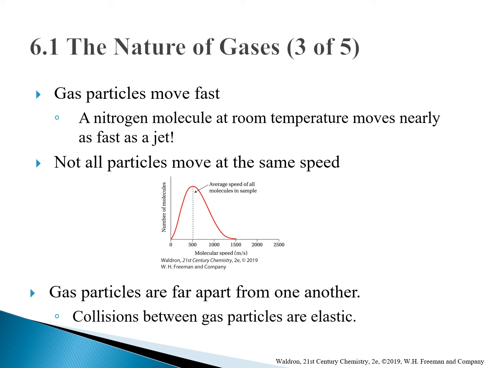The below graph shows the speed of all molecules in a sample of nitrogen gas at 27 degrees Celsius. The average speed of all molecules would be somewhere near the middle of the curve. Most of the molecules in the sample are moving at or near the average speed, but there are outliers that move either much faster or much slower.